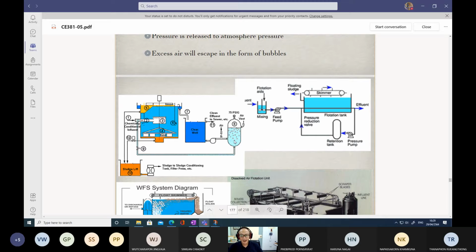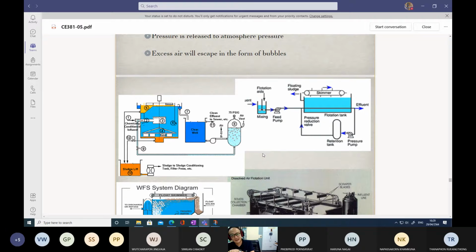Under such high pressure, more capacity of the water can actually absorb the air. Like in the case of oxygen, under normal conditions, the saturated dissolved concentration would be 7 to 8 milligrams per liter, but sometimes it can go up to 14 or 15. That condition we call the supersaturated condition.